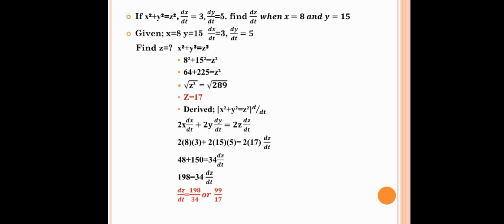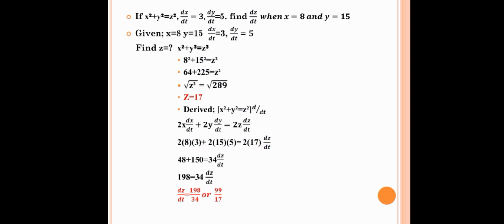Next, we need to put in all the values of the variables. 2x, our x is 8, times dx over dt, which is 3, plus 2 times the y value, 15, times dy over dt, which is 5, is equal to 2 times 17, which is the z value, and the unknown variable is dz over dt.